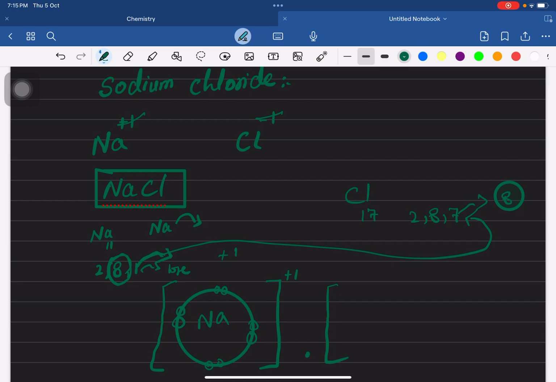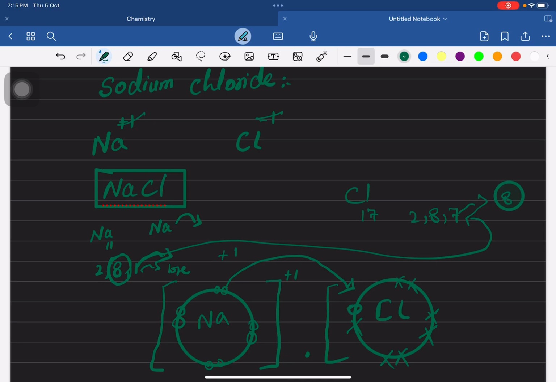Now in the next step you are going to show the dot and cross diagram for the Cl. The electrons of the Cl will be shown by a different symbol, like this one, and the one electron gained from the Na, we will show with that sign.